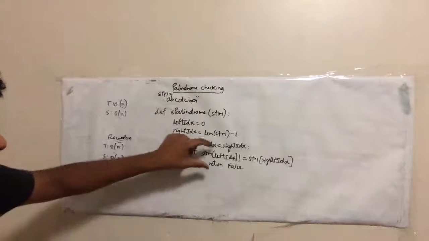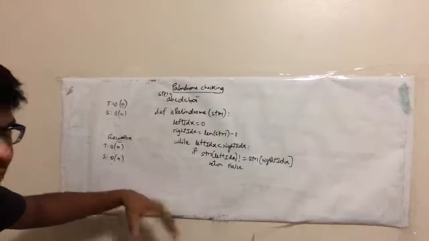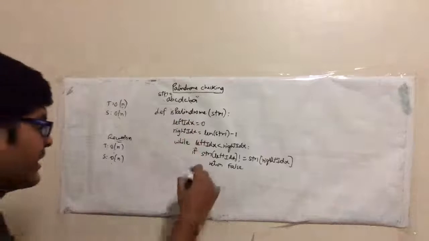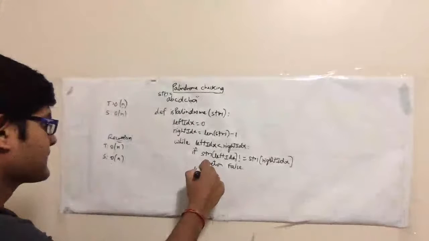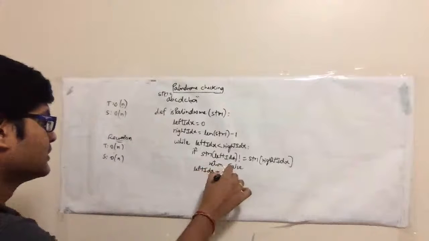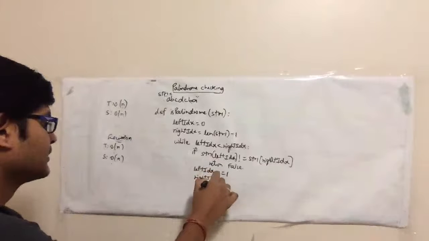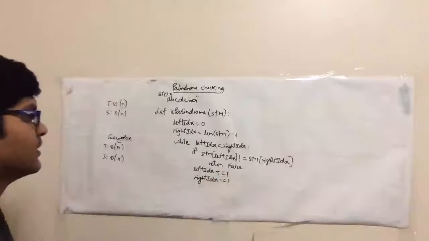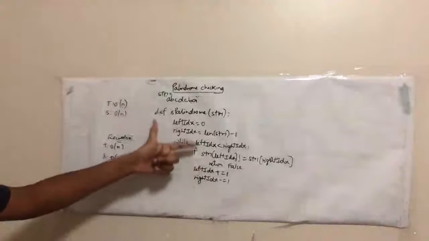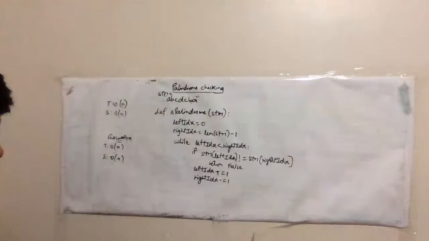But if this not equal condition has not happened, you need to go further, increasing the left index by 1 and reducing the right index by 1. This will all go on while left index is less than right index.